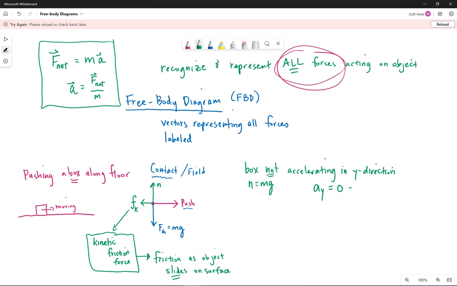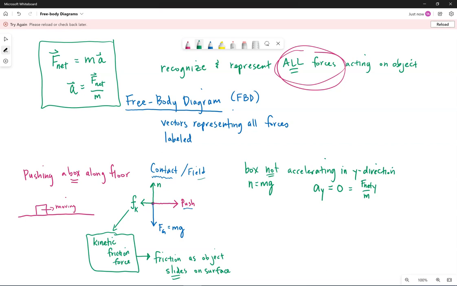But going back to Newton's second law, we know the net force over mass is what determines acceleration. If I'm talking specifically about the acceleration in the y direction, then I'm relating that directly to the net force in the y direction.